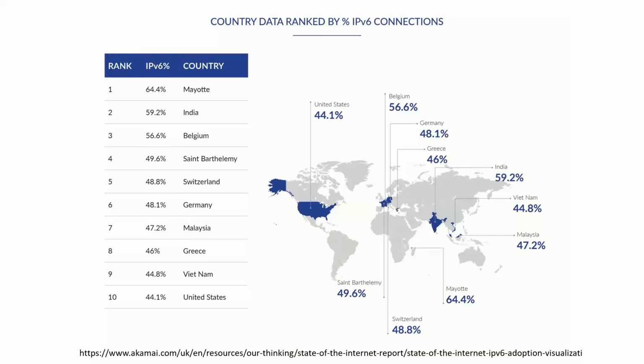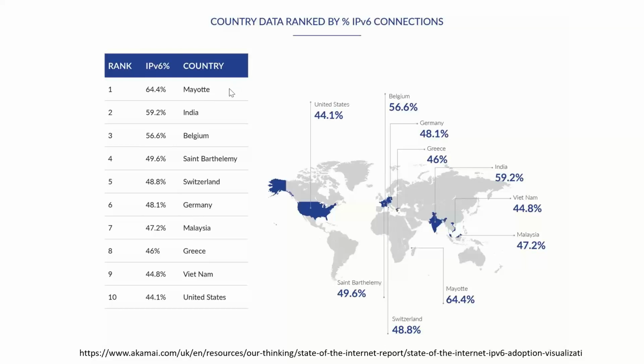And they can't measure it just because it is private enterprises. I know NIST has tried to do some things, but it's only really for internet facing. But if we start looking at IPv6 connectivity onto the wider internet, you'll see that some very small countries, Mayotte, I hope I'm saying that right.